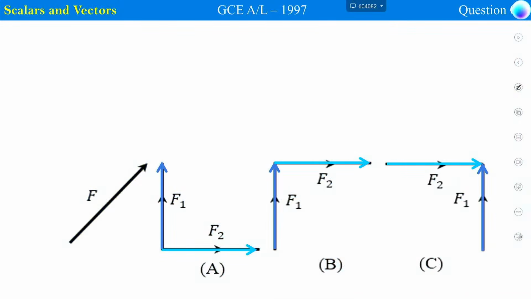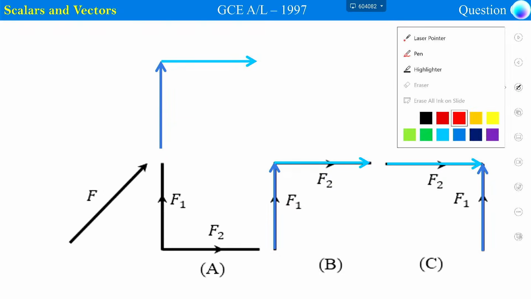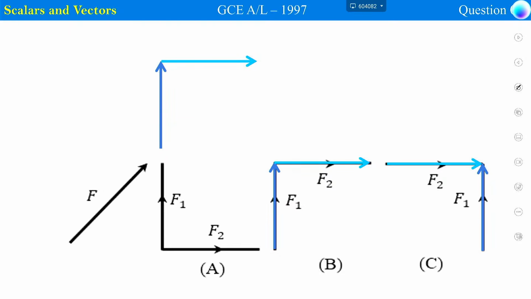So we take situation A, we take F1 and we draw F2 from the point where F1 is over, and then we connect the starting point and the end point.